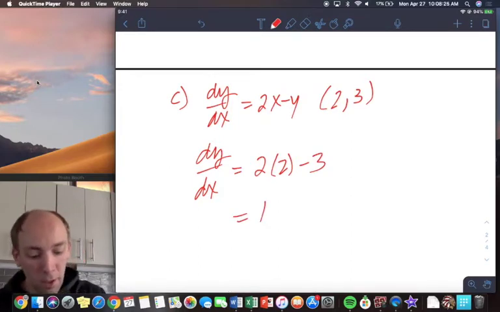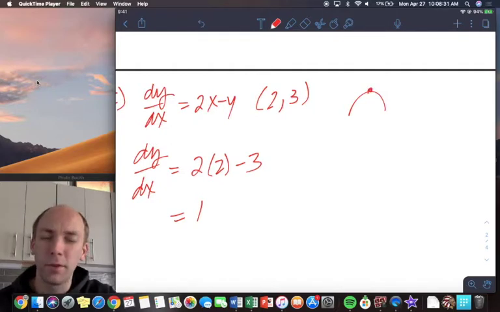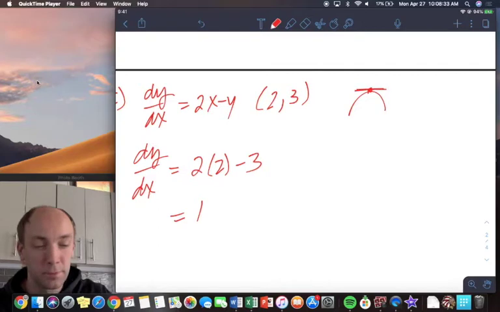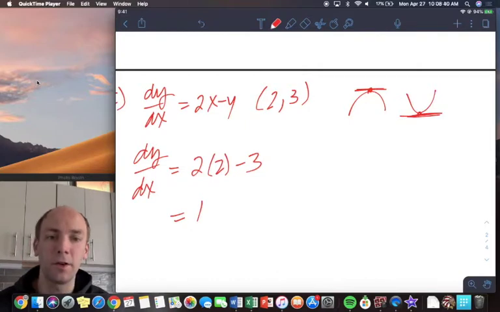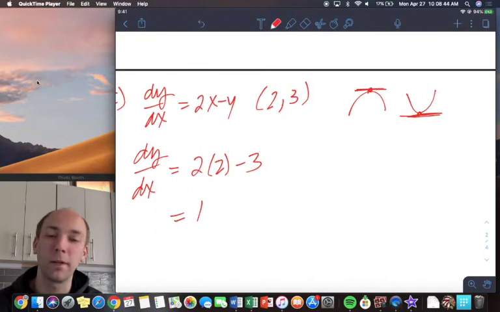All right, so if I had a maximum at the point (2, 3), what would be the derivative at that value? Well, that's a derivative of 0. If I have a minimum, the derivative at that value would also be 0. So in order to have a minimum or a maximum, my derivative would have to equal 0, which it doesn't.